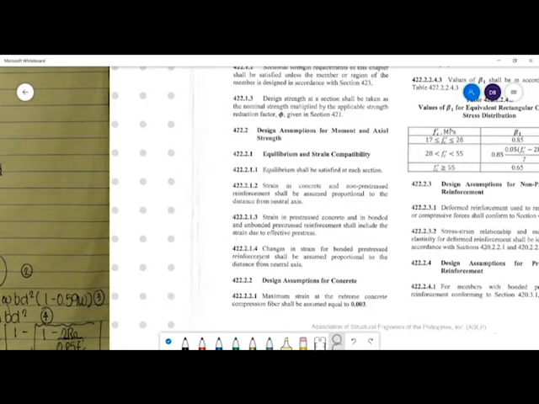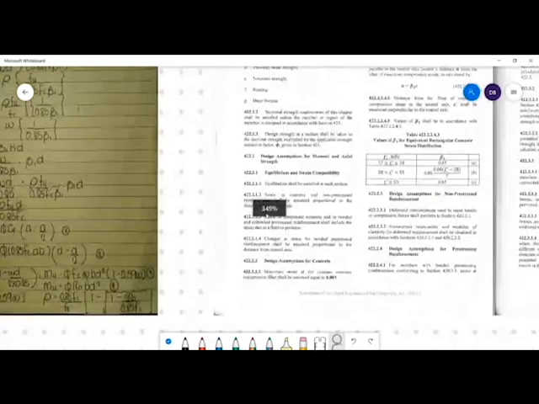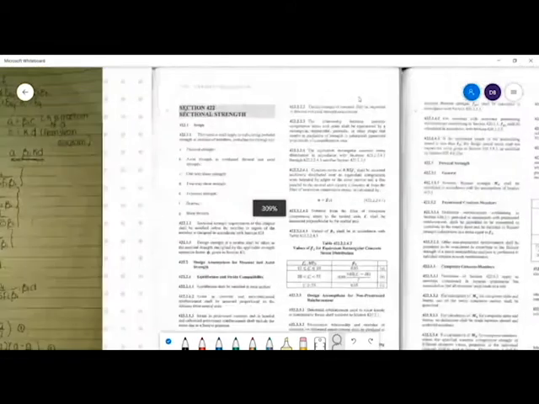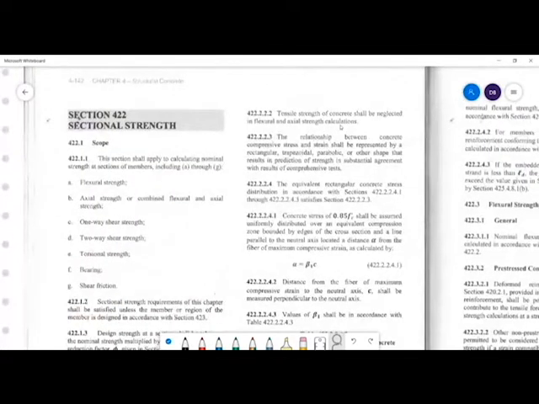Next, at Section 422.2.2.1, maximum strain at the extreme concrete compression fiber shall be assumed equal to 0.003. Next, tensile strength of concrete shall be neglected in flexural and axial strength calculations.